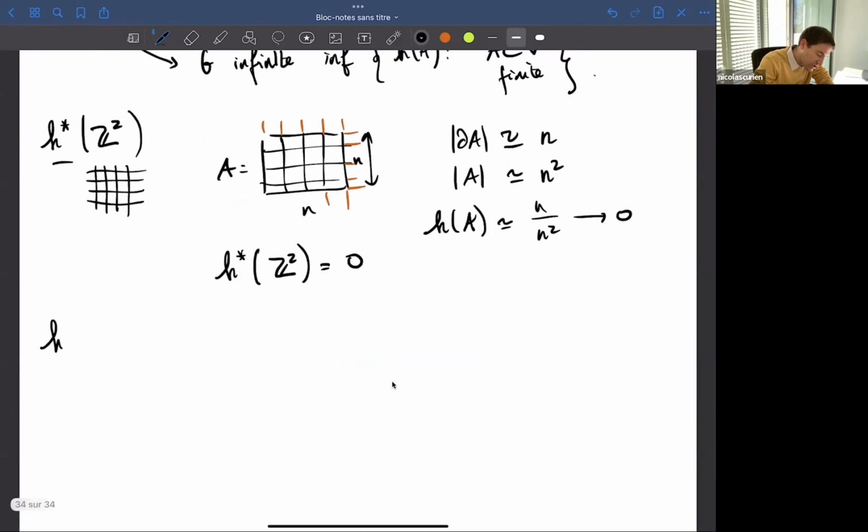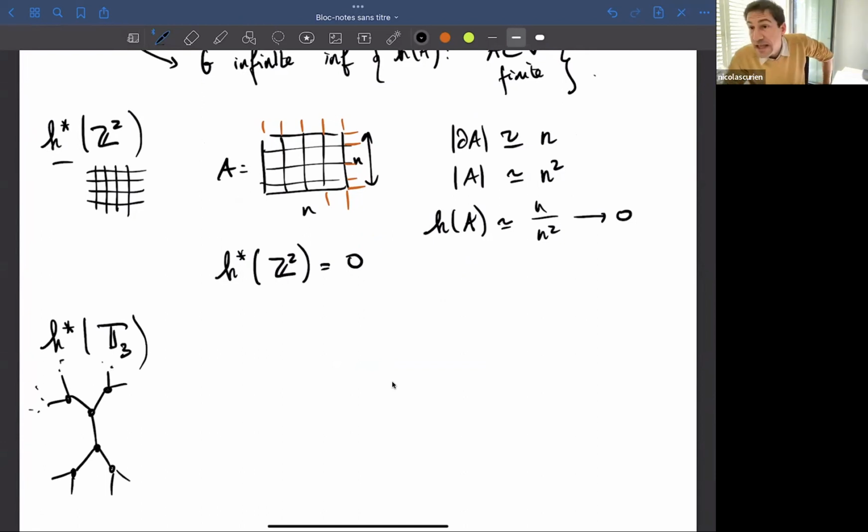The other example to keep in mind is the Cheeger constant of the 3-regular tree, which I will denote T3. What is this? It's just the infinite tree where all vertices have degree 3. It goes on forever. If you want to do the same thing here, you can imagine that you take big boxes in T3. What is a big box in T3?